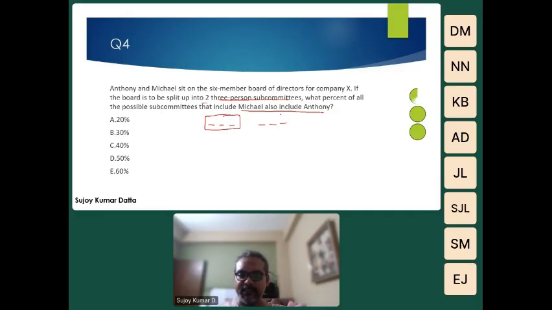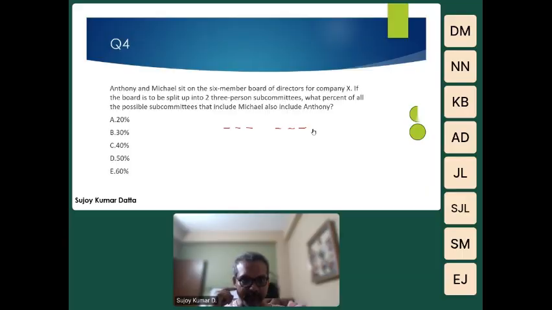What they're trying to say is that this and this as a whole is one such split. For example, if I name the people A, B, C, D, E, F, then ABC, DEF is one such split. Then ABD, CEF is another, and so on. So first, how many such can we make?